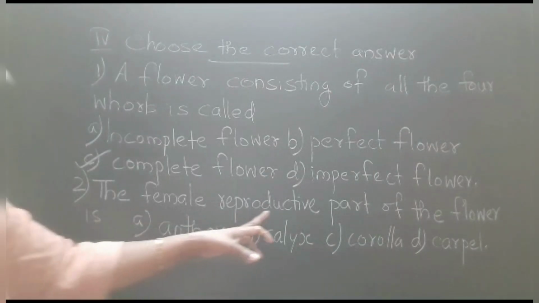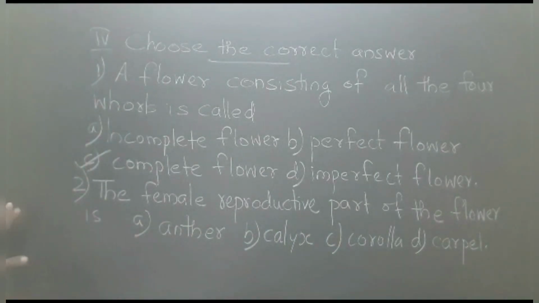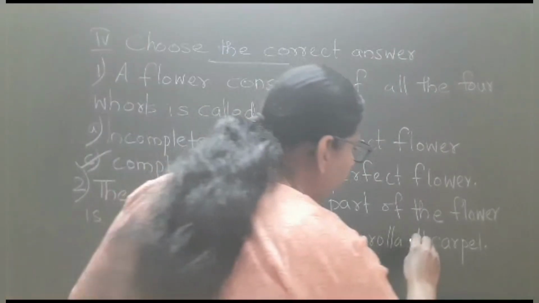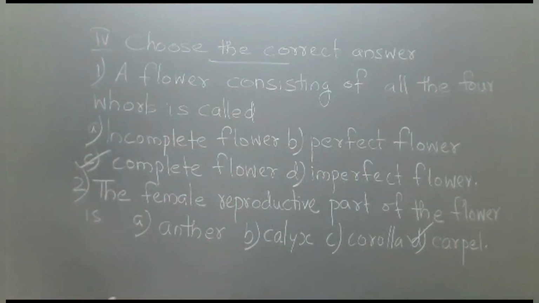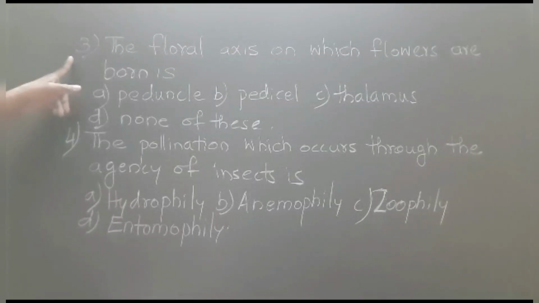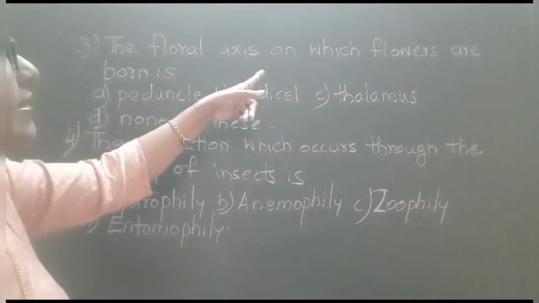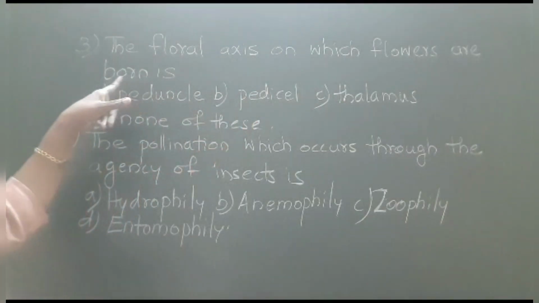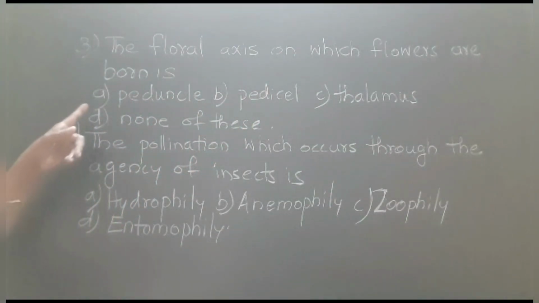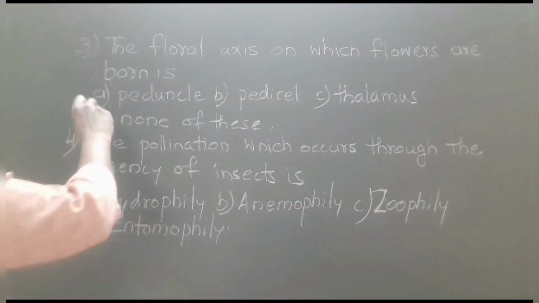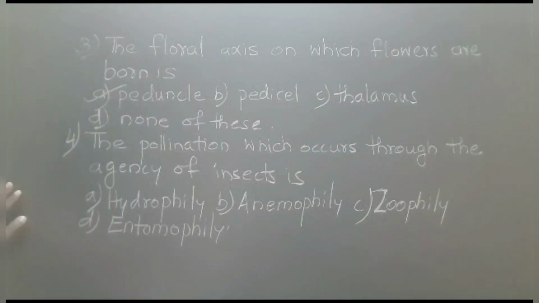The female reproductive part of the flower is carpel. Third one is, the floral axis on which flowers are born is A, peduncle, B, pedicel, C, thalamus, D, none of these. The floral axis on which flowers are born is peduncle.